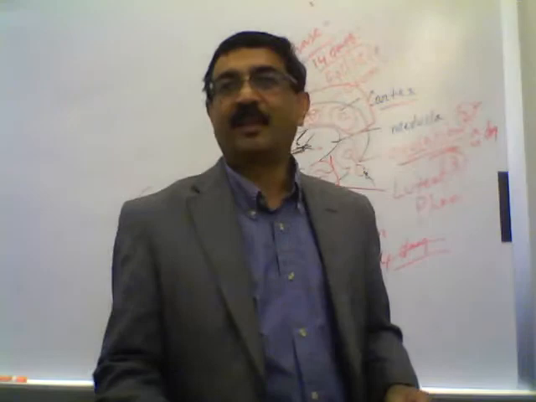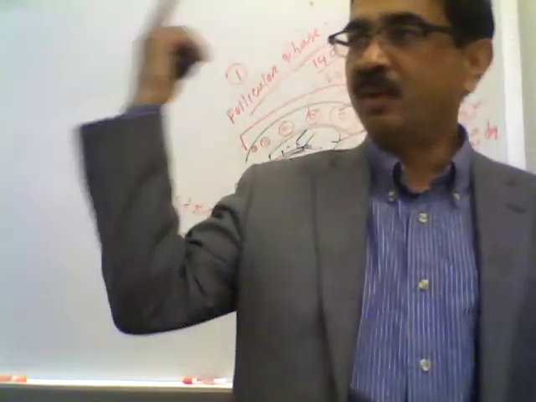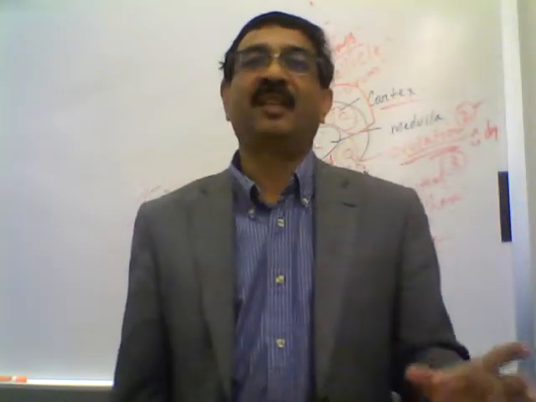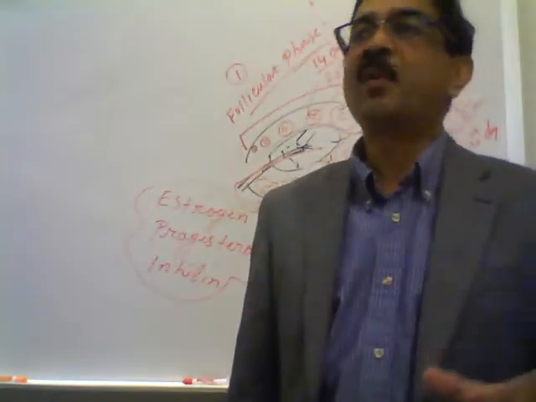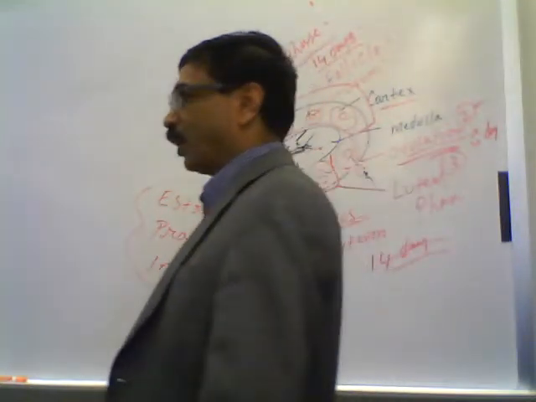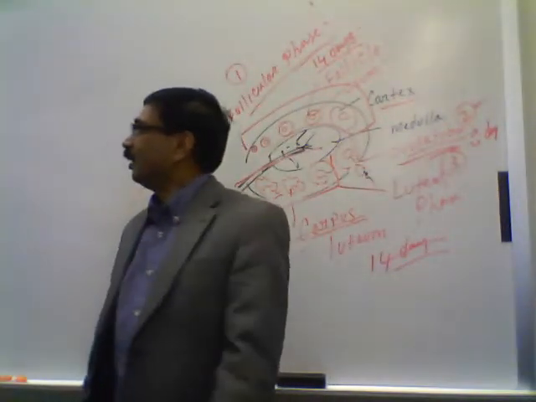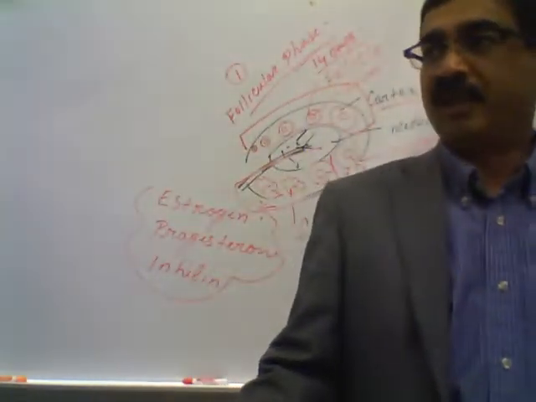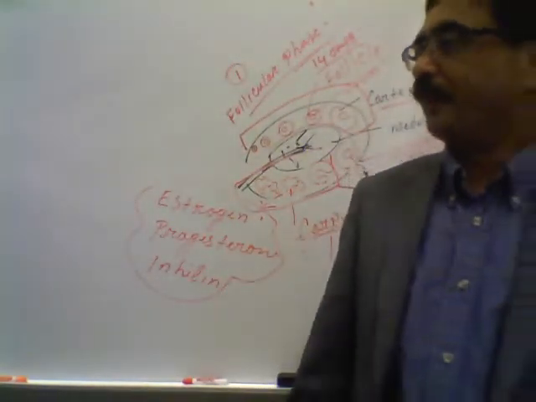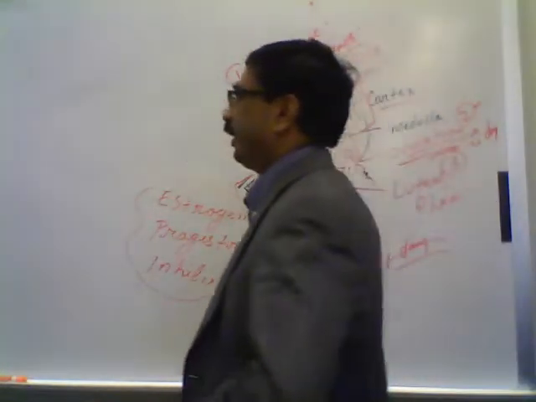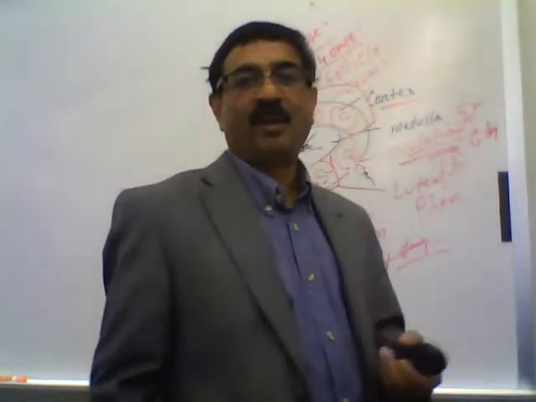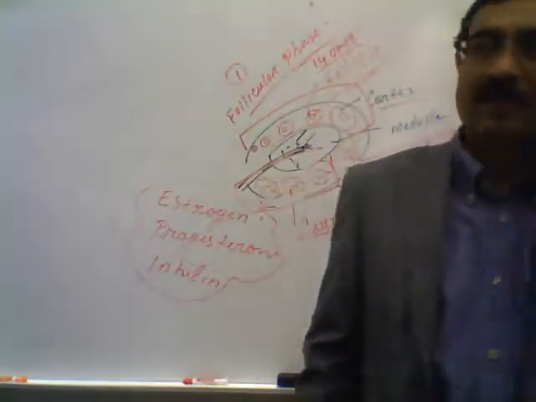The outermost layer is the perimetrium. Peri means around, outermost. And then the middle thick layer is the myometrium, which is muscular. Myo means muscle. And the innermost layer is the endometrium. Endo means inside. So perimetrium, myometrium, and endometrium. Those are the three layers in the wall of the uterus.